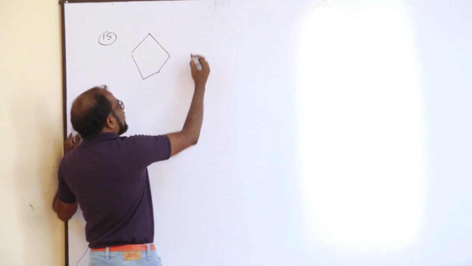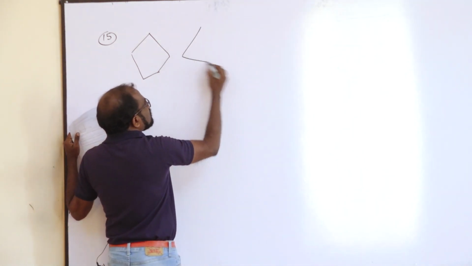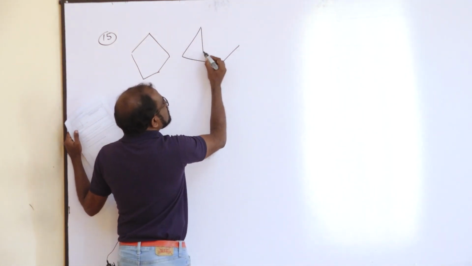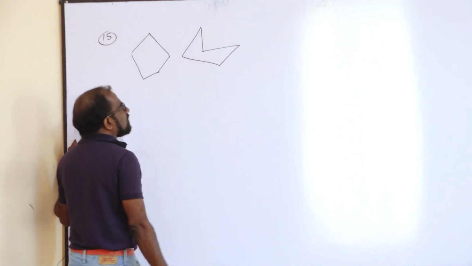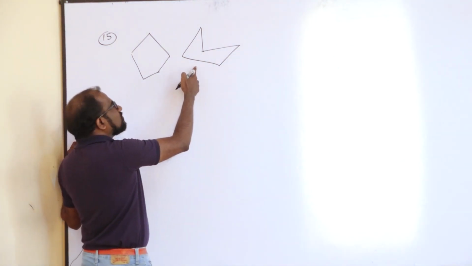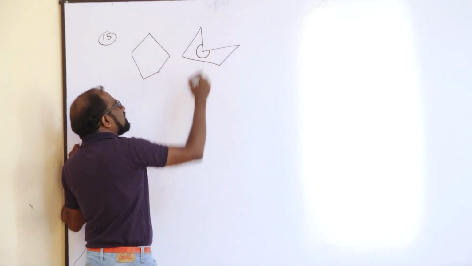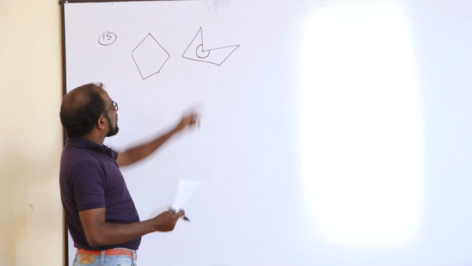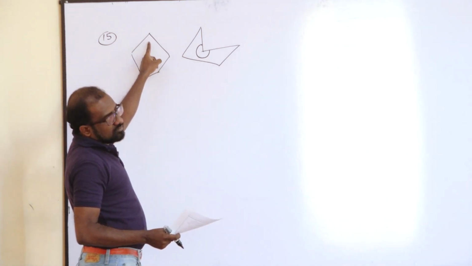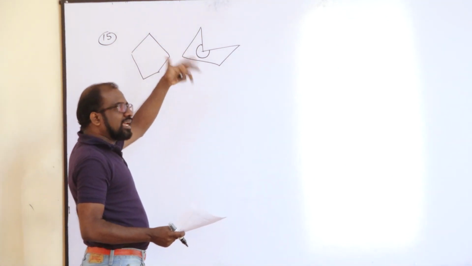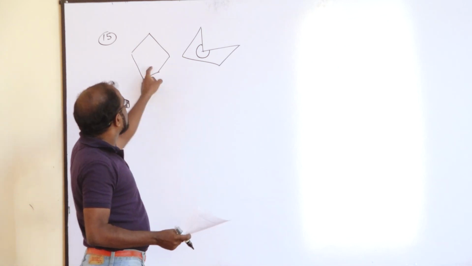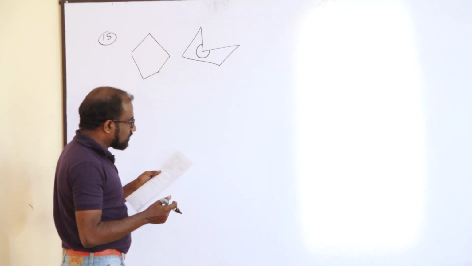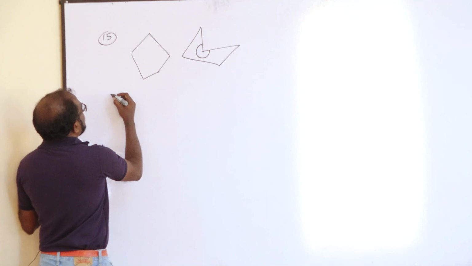What happens if it's a concave pentagon? Like this. So how does this become concave? It has got a reflex angle in the polygon. The other angles are acute, right, or obtuse. So now, how can you identify a concave polygon?